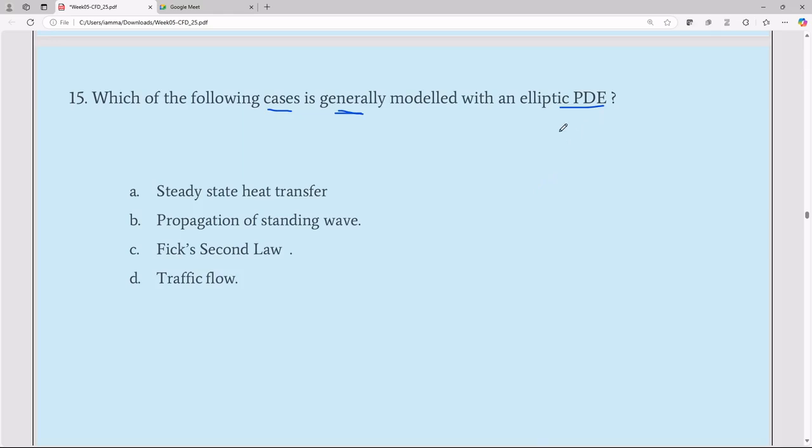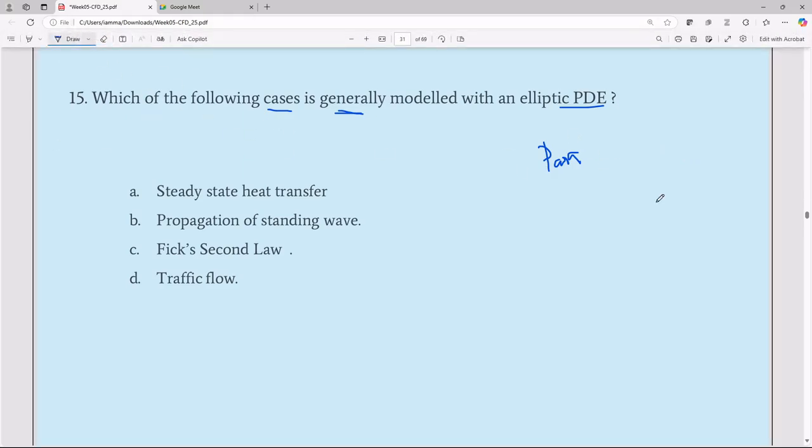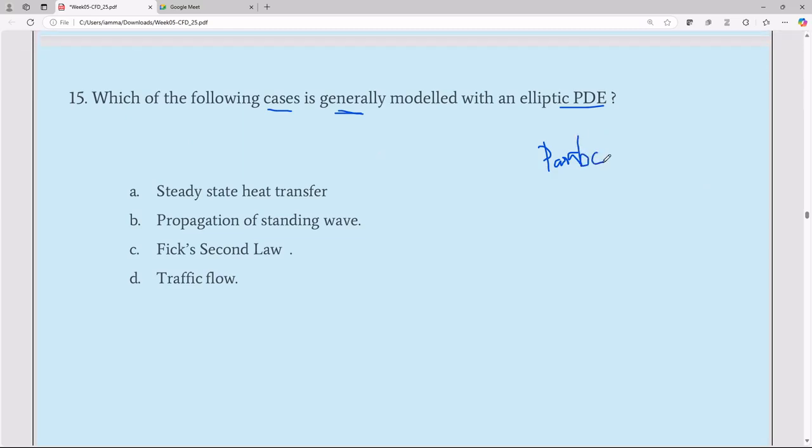They are parabolic, elliptic, and hyperbolic. So there are three types of PDEs. So the question is which among the following cases will be most generally modeled with an elliptic type of PDE?